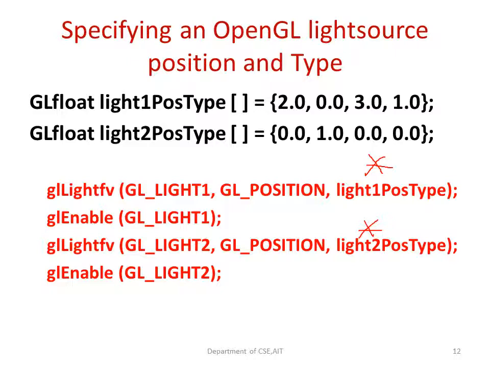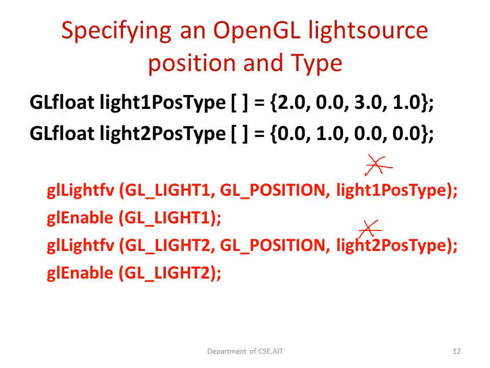So I have to extract the values for this from my array which is called light 1 position type. Here we have the 3 parameters, the x value, y value and the z value, and the 4th parameter 1 is nothing but a nearby source. If it is 0.0, it means a far off source. So this is the way we can make use of the light FV.